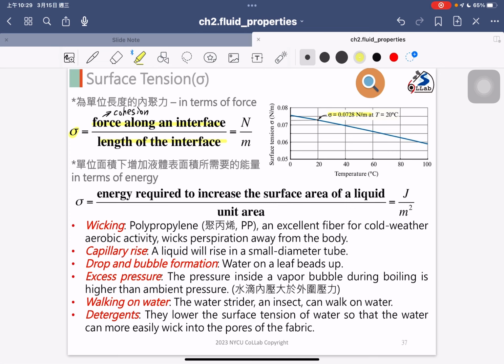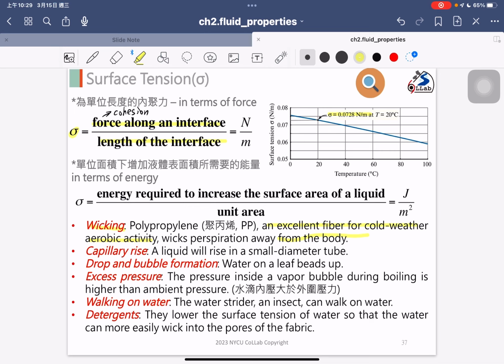So there are physical phenomena associated with the surface tension. Let's write down some. The first one is wicking, and we can see some materials are excellent fibers for cold weather. Aerobic activity wicks perspiration away from the body, like the 冰风衣.